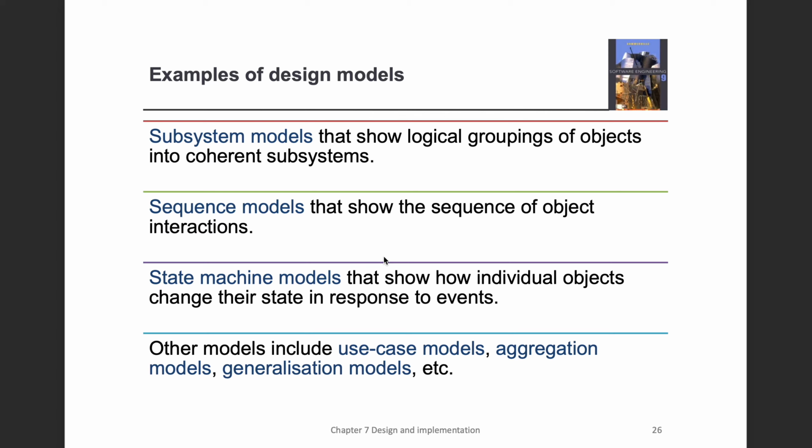And then we look at the state machine model that shows the individual object and the changes, or the events that come in, or the change of state of our particular object. So if the object changes state, then this model will be able to handle that design very well. And then we have other models, which also include use case models, aggregation models, and generalization models.